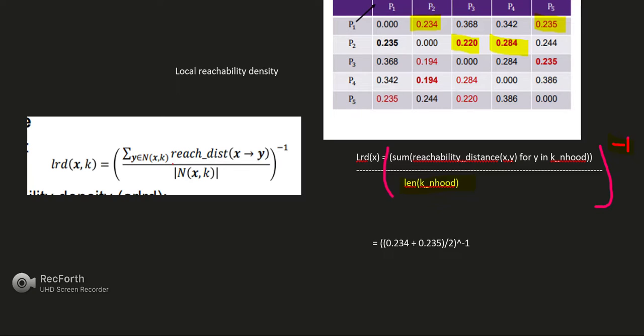This is why I said we need to keep track of those indices, and I think it's helpful to highlight your k nearest neighborhood when you do your reachability matrix. You may not be given a reachability matrix in your exam. It's just a nice way to have the information available to you.